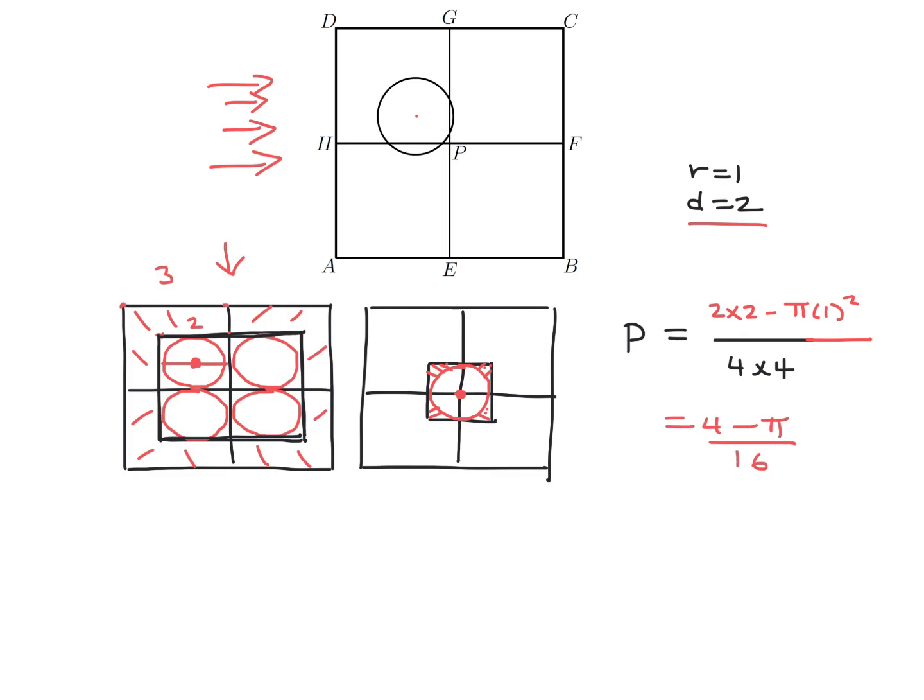And that is the answer. Really what you're doing is chasing the center of the circle. Where is the center of the circle going to be? Depending on where the center is, it will either satisfy the conditions or fail the conditions.